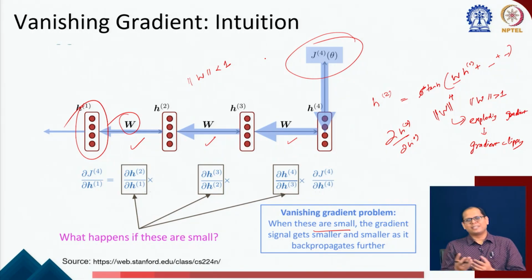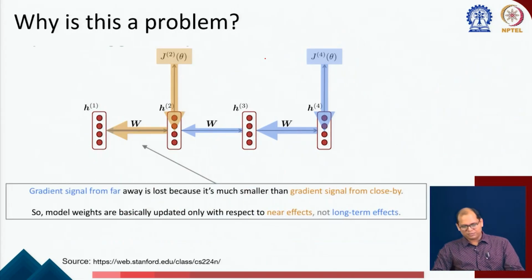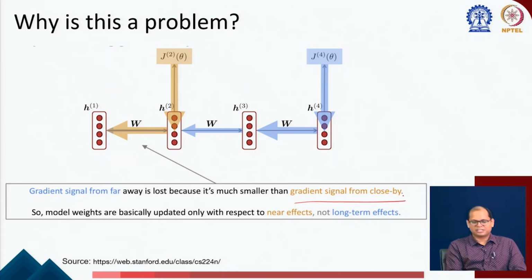Okay, but why is that a problem? What is happening? Gradient signal from far away is lost because it is much smaller. You will still get the updates for this W based on the loss in the nearby step, but you will not get much signal from a faraway loss. So model weights are updated only based on near effects, but not the long term effects.